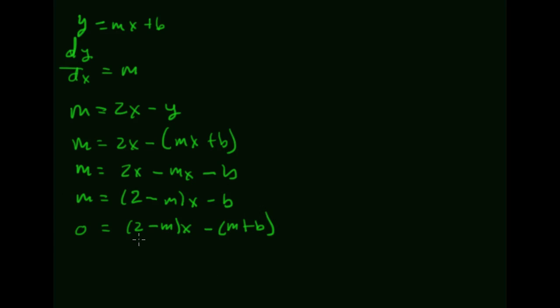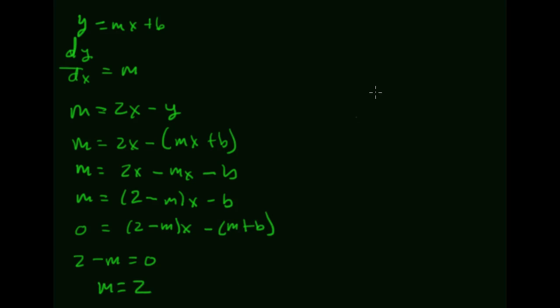So here's what's going on. The coefficient for both of these has to be 0, right? So at the end of the day here, 2 minus m must be 0 because the coefficient in front of the x has to be 0 here, which means m is 2. Aha, we have m.